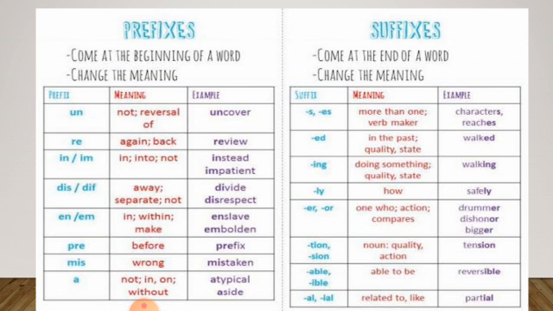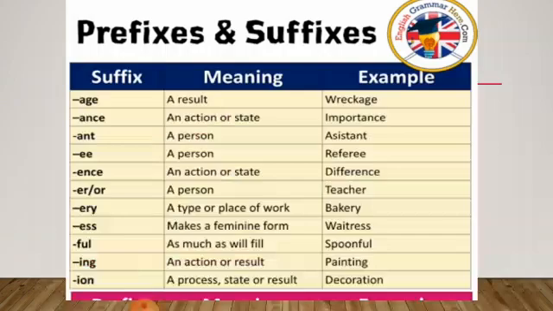For example, if I say that or is added, dishonor, tension, reversible, reverse and reversible. Now it changes. Partial. Now it changed the meaning. Suffix. There are so many suffixes. See here, there are some prefixes, some suffixes.